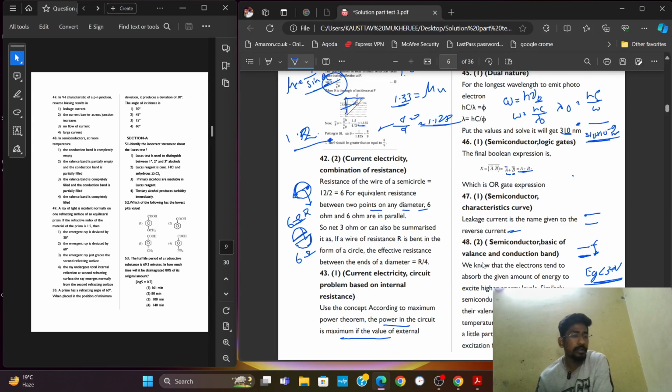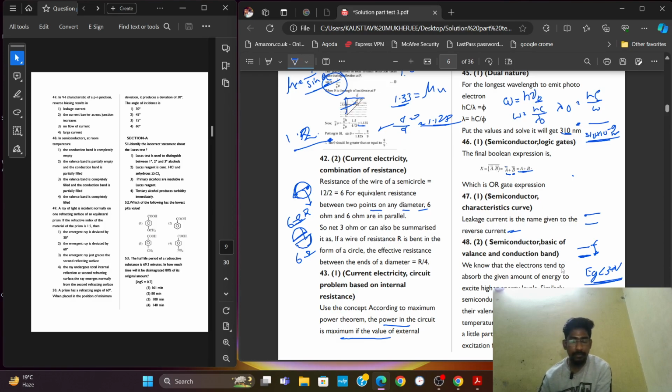The options are given. At room temperature, is the conduction band completely empty? No. Is the valence band partially empty and the conduction band partially filled? Okay, the valence band is completely filled and the conduction band is partially filled.